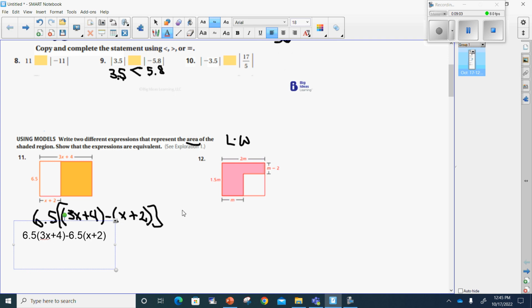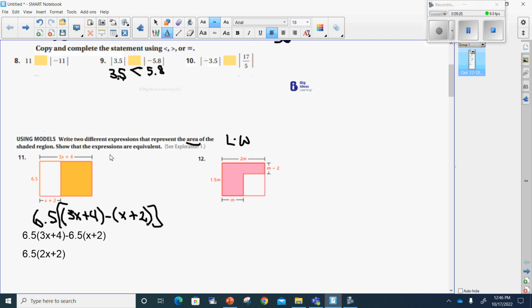So I could put 6.5 times 2x, and then 4, remember this is going to be a negative 2, so 4 minus 2 would be 2. So we could put plus 2, all right? And I believe that would work as well.